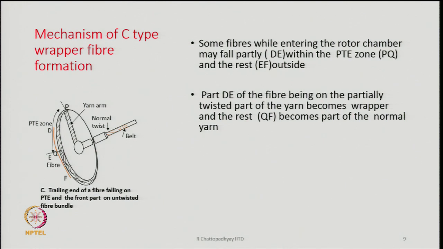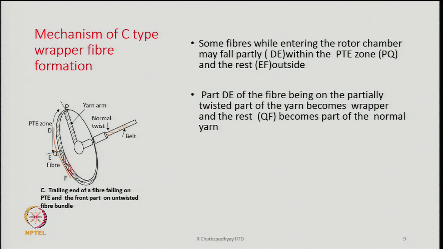From P to Q is our PTE zone, and the fiber is represented by DEF. So, the DE part of the fiber is within the PTE zone PQ, and the EF part of the fiber is outside the PTE zone, and it has become a part of these fibers which are lying parallelly in an untwisted state within the rotor groove.